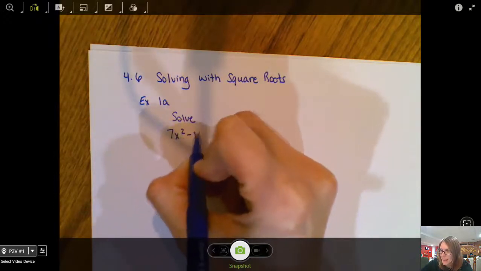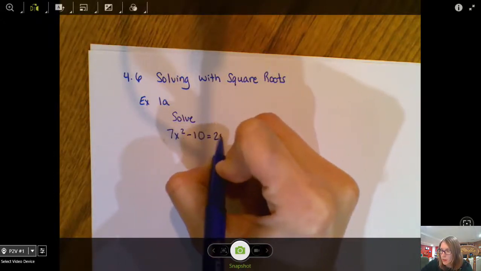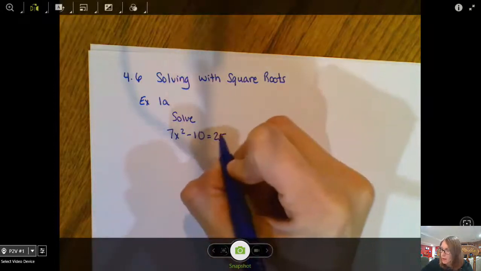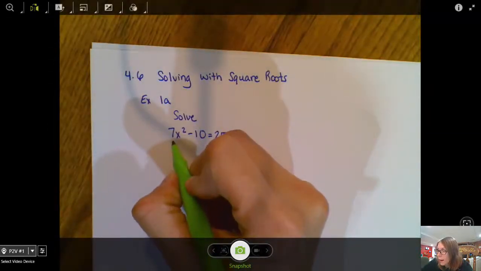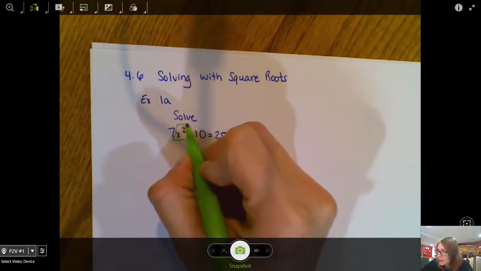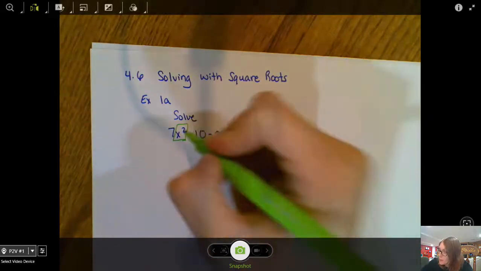7x squared minus 10 equals 25. The goal when we are solving with square roots is to get the part that's squared, in this case it's just the x, by itself.